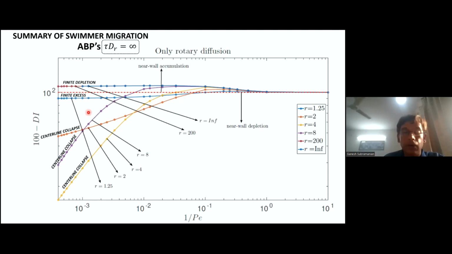But if I go to aspect ratios of 2 or larger, 2 appears to be very close to the threshold. The depletion index starts sharply decreasing as 1 by Peclet decreases, or as the flow gets stronger. The depletion index approaches 100, so that 100 minus DI goes to 0. So you have almost perfect depletion from everywhere in the pipe, which implies all of the swimmers are right at the center line when the flow becomes infinitely strong.